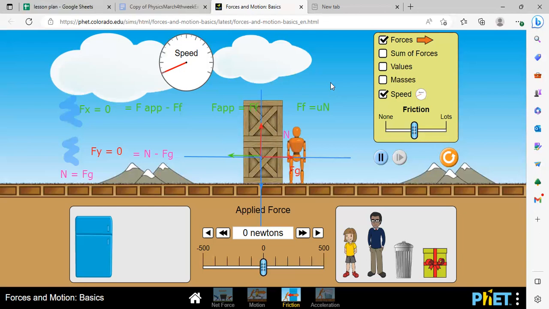So, the heavier the object, mas mahirap itulak. So, kanina nag-apply tayo ng 120 newtons gumalaw. So, dapat doble. So, kaya pag mabigat na bagay, mas kailangan ng force dahil sa friction, no? Mas mahirap itulak ang bagay kasi dahil sa weight niya.